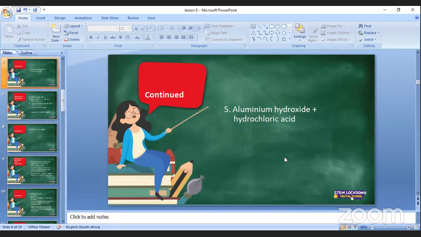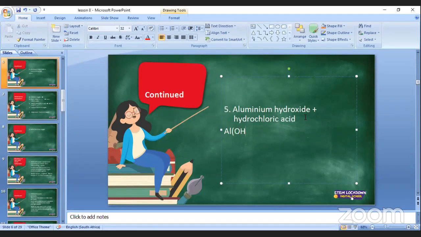We get aluminium hydroxide. When you're looking at aluminium hydroxide, you are going to see how we balance this one. Remember the symbols, we get them from the periodic table, grade 9s. I'm not coming up with these things.